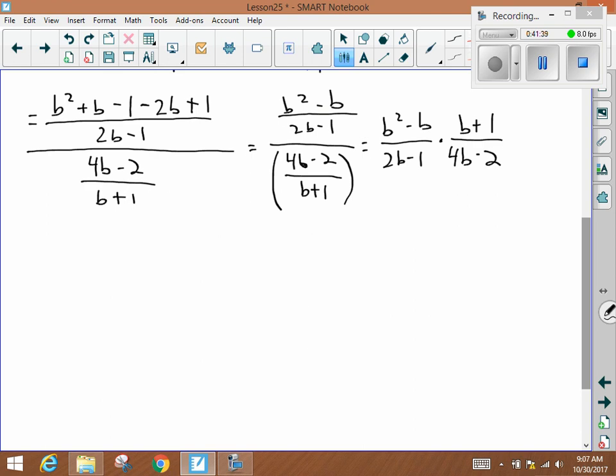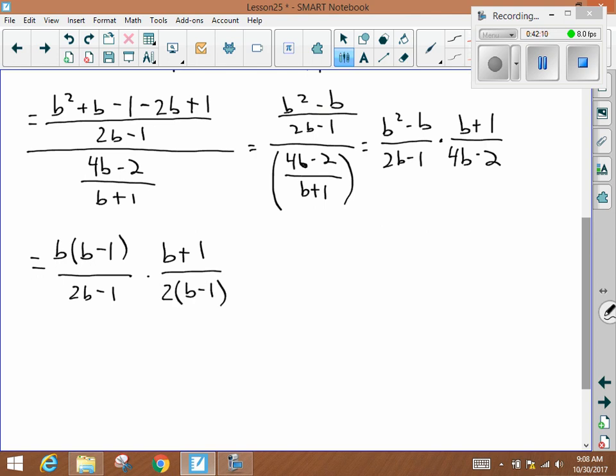All right, I would like to see, is it possible for me to cancel anything? Let's factor real quick, okay? So over here, I'm going to factor a b out of this one. That's going to give me b times b minus 1, over 2b minus 1, and then this one I'm going to factor a b plus 1. And over here, I can factor a 2 out, and that's going to be 2 times 2b minus 1.